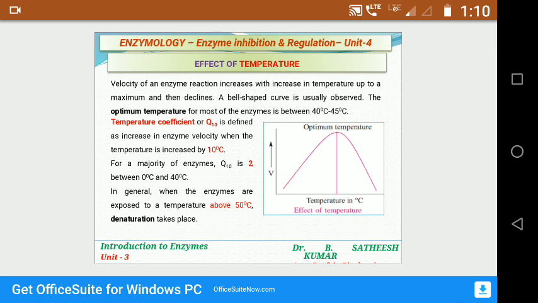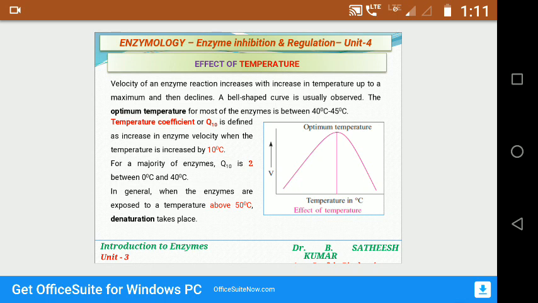At higher temperatures, usually above 50 degrees centigrade, proteins get denatured. So that is why the enzymes will also be denatured at higher temperature. Therefore, the enzyme activity decreases beyond this temperature, say for example 50 degrees centigrade for most of the enzymes.